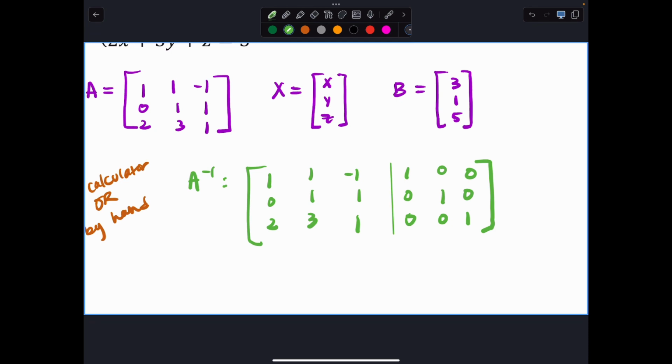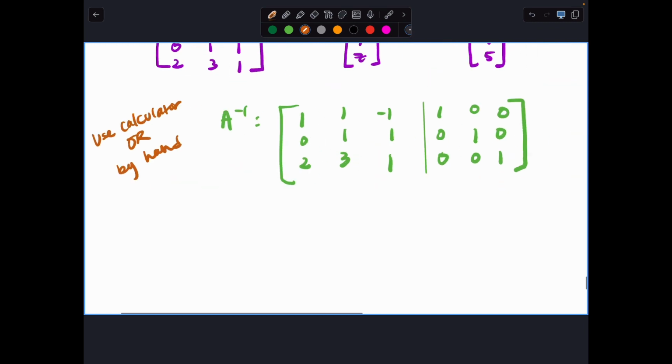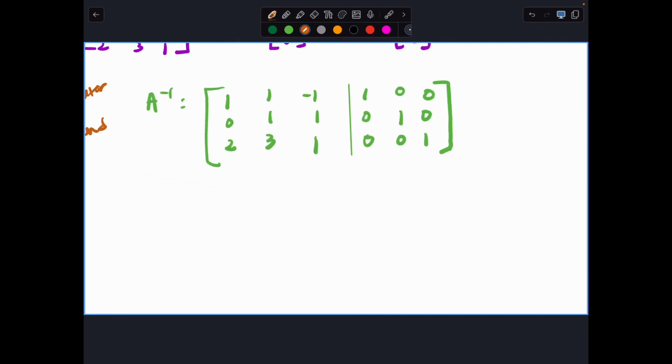Okay, so in the calculator, when you're editing matrix A, you go second, inverse, and then you're going to edit.